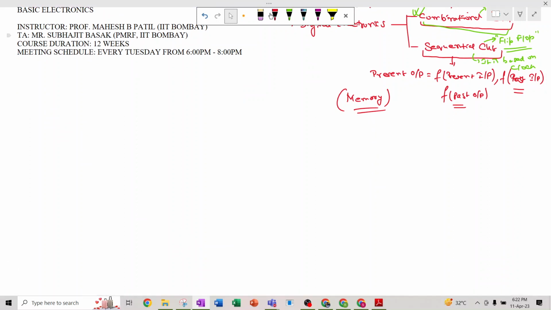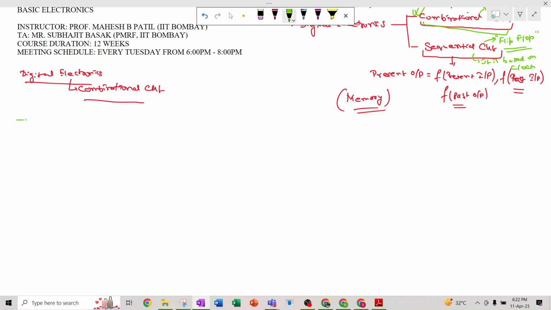Now I will move on to digital electronics, and from here it is the combinational circuit part. In the combinational circuit we have a few things.